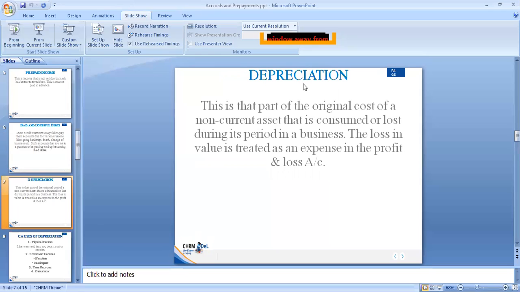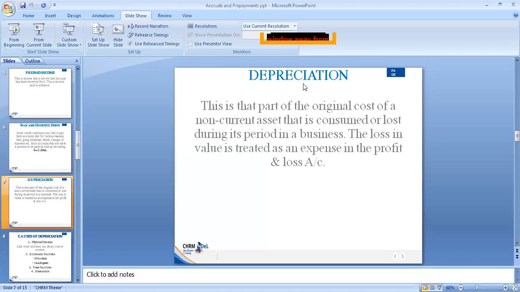It is never considered as an expense, because an expense is an amount or a service that we have incurred, and the whole amount has been utilized once in that particular financial year. But a fixed asset is supposed to remain useful in the business for a period exceeding one financial year. It should be in the business for maybe 3 years.